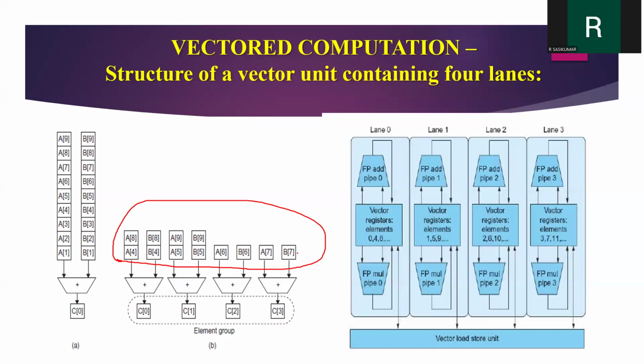With respect to this example, we have a total of 4 lanes: lane 0, lane 1, lane 2, and lane 3. Every lane contains floating point addition, floating point multiplication, and vector register elements.